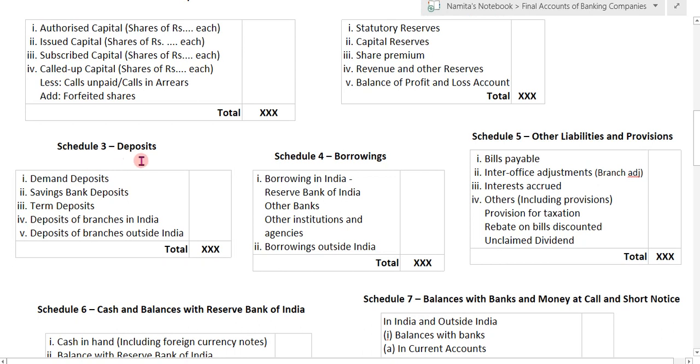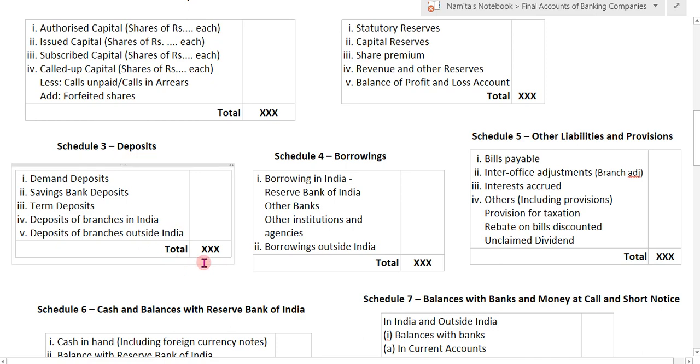So under deposit in schedule number 3, bank accepts various types of deposit like demand deposit, saving deposit, fixed deposit, current deposit, and if there are any deposits of the branches in India and deposits of the branches outside India, it is to be recorded in schedule number 3.